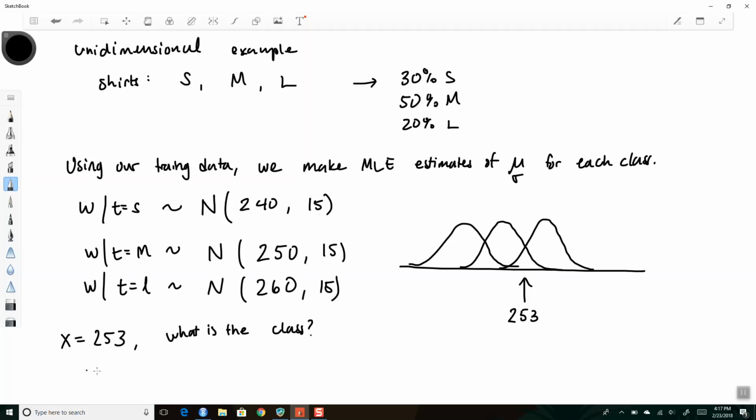Okay, so the prior on t equals S is going to be 0.3, the prior for t equal to medium is 0.5, and the prior for t equal to L is 0.2. And here we're going to ask, okay, based on this value, 253, what is the class?